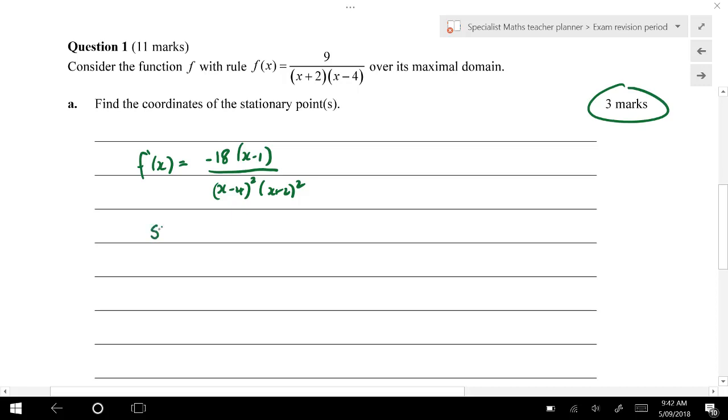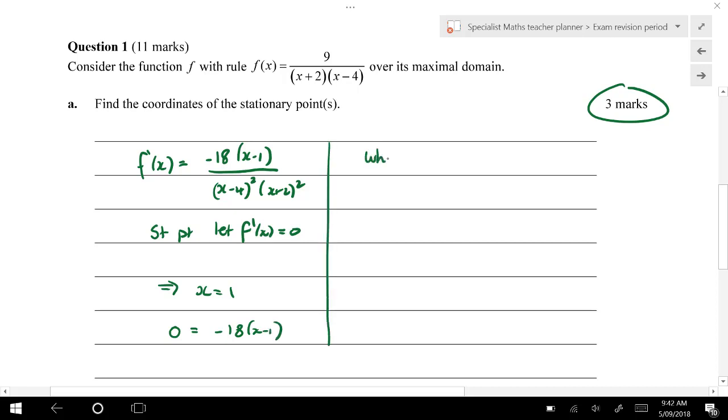So therefore, for a stationary point, we're letting f dash of x equal 0. You still need to explain that, so that's going to give us x is equal to 1, i.e. 0 is equal to minus 18 x minus 1.